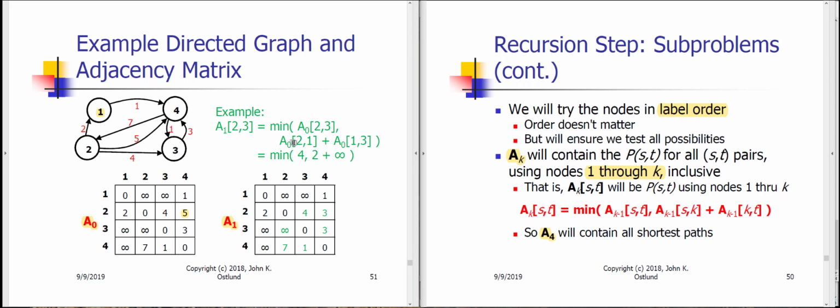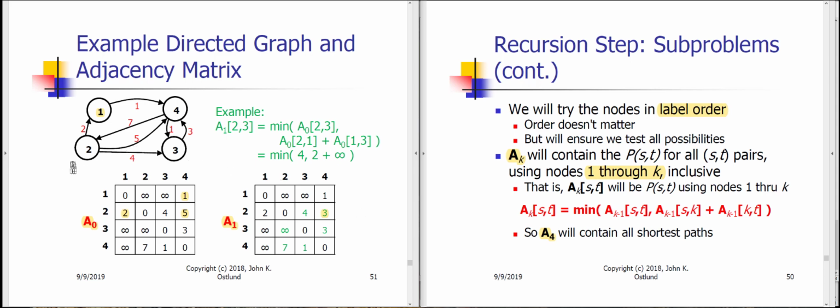All right, well 2 comma 1 we already know is 2. 1 comma 4 is 1. So that turns out to be 2 plus 1 is a 3, which is less than the 5, which is the shortest path that we knew from direct connections. So this cell gets filled in with a 3. That is, we have found a shorter path from node 2 to node 4 by using node 1 as an intermediate node.